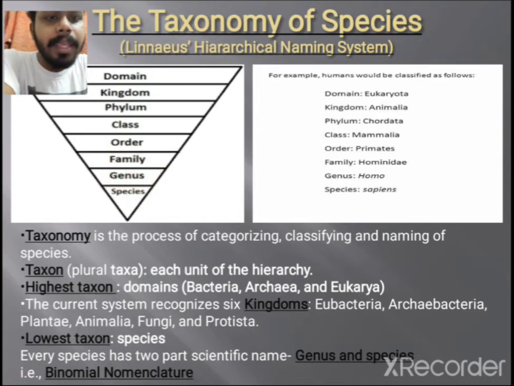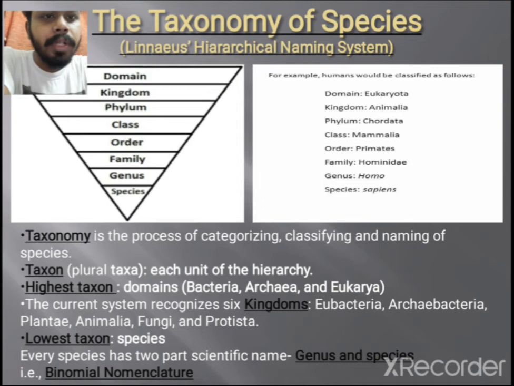And in this way, if two genera have a few similarities with each other, then those two genera will belong to a single family. In this way, if two families have some similarities with each other, then those two families belong to a single order. So in this way, the taxonomic hierarchy increases.